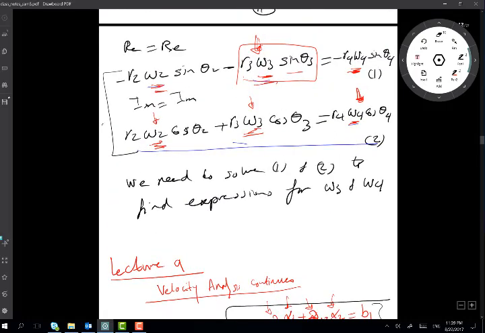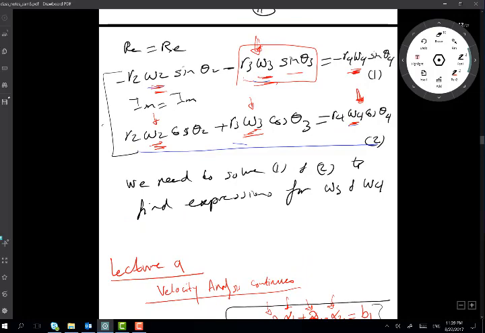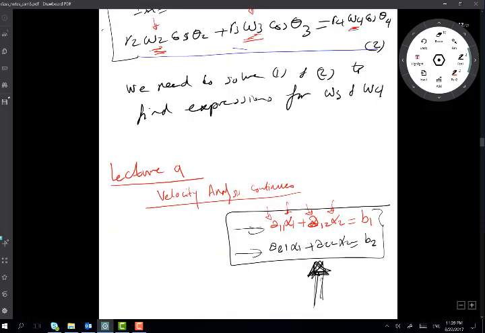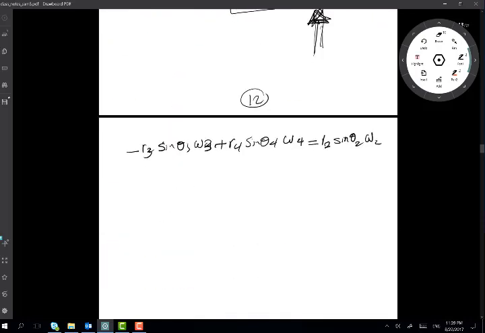I just shifted those terms around, and omega 4 was minus here, so I moved it to the other side. Over here I will have cosine: R3 cosine theta 3 omega 3 minus R4 cosine theta 4 omega 4 being equal to minus R2 cosine theta 2 omega 2.